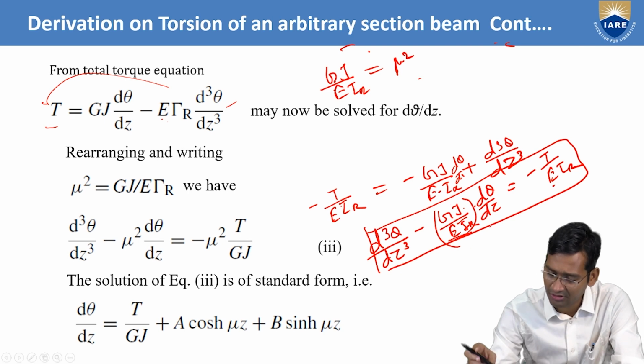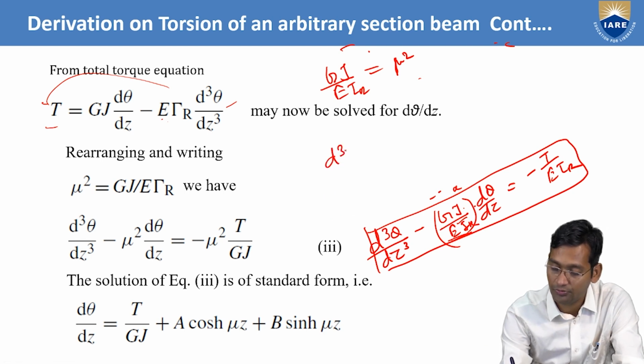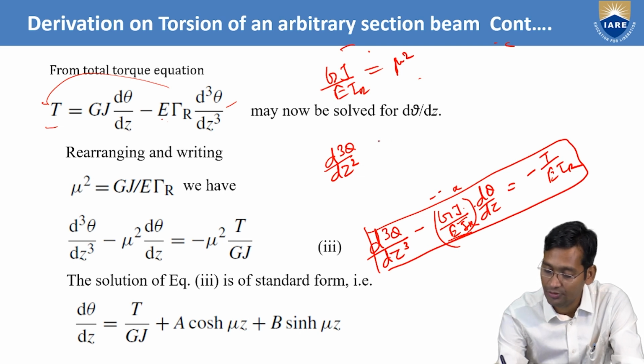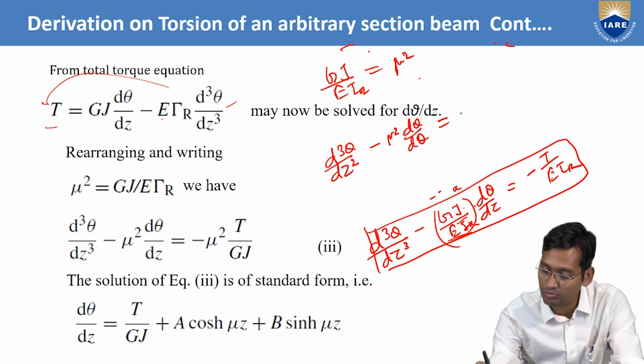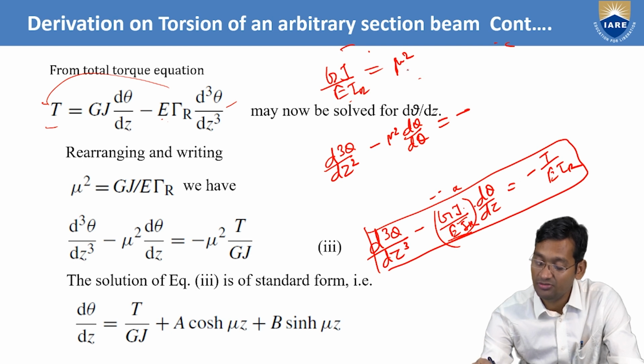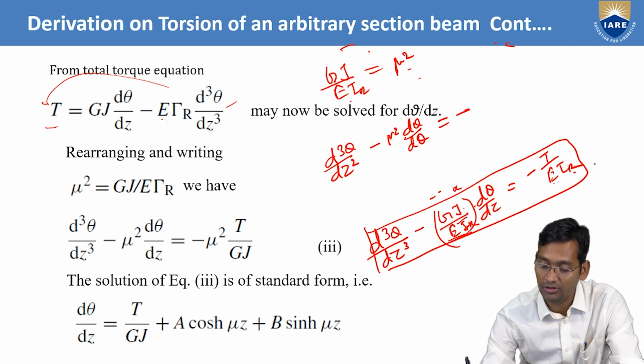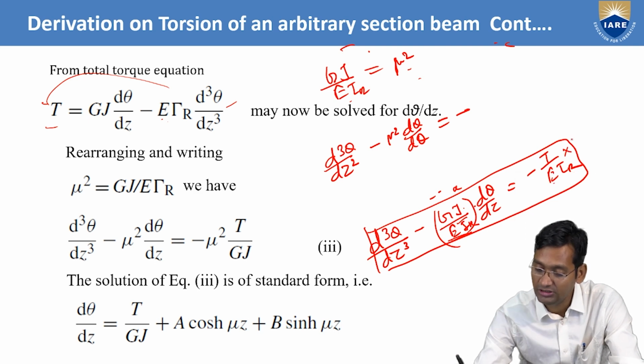After substituting, d cube theta by dz cube minus mu square into d theta by dz is equals to minus. Now GJ by E tau r is mu square, but what we have is E tau r only, so we multiply by GJ by GJ.